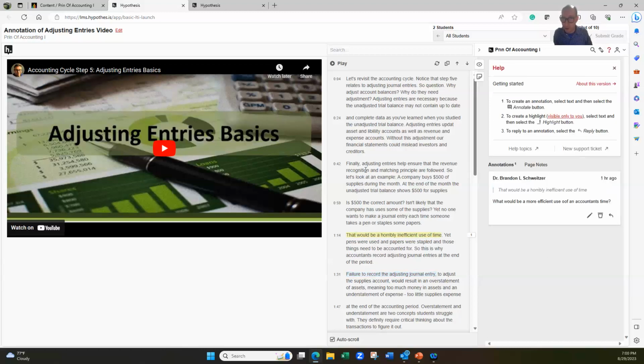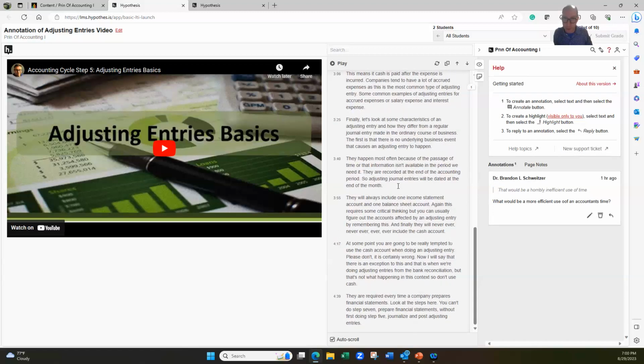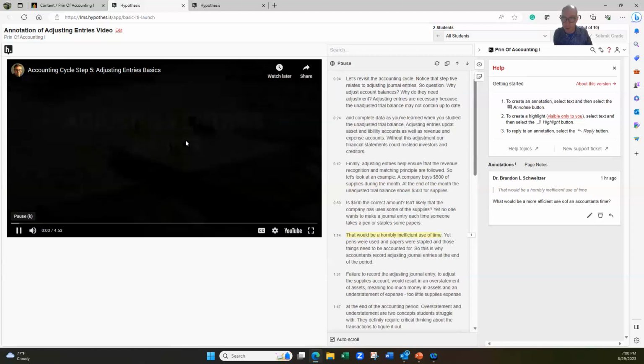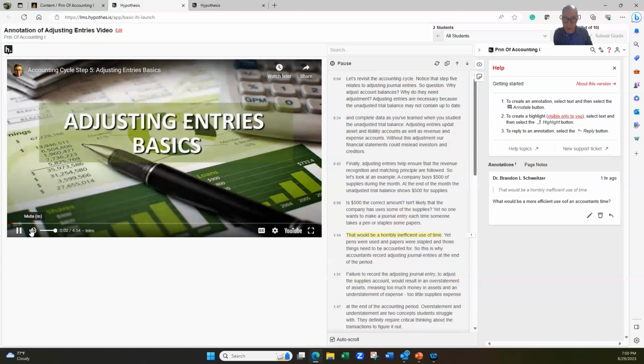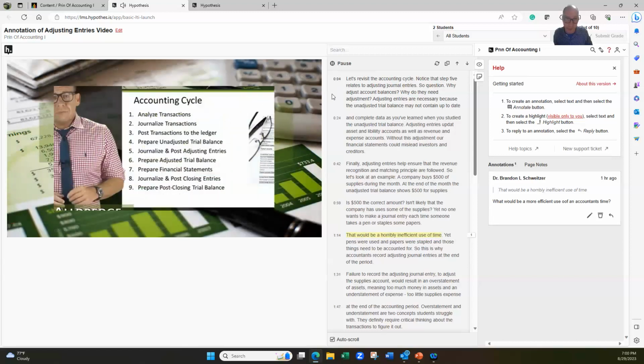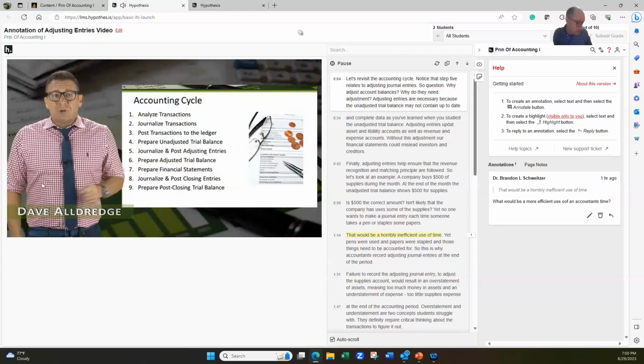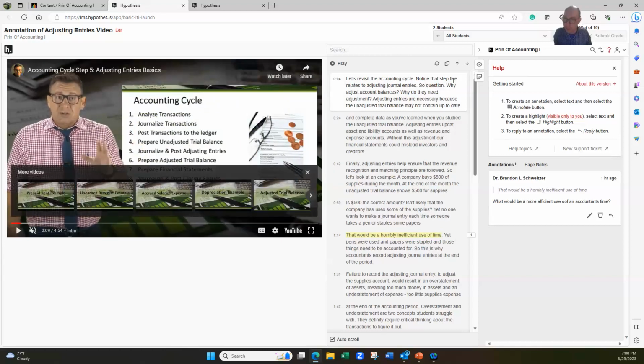Then you'll need to make 2 of those, yeah? So anywhere along here, and you could watch the video. It'll automatically go down the page as the video plays. So you'll highlight 2 areas, make 2 annotations, and then you'll respond to 2 of your classmates.